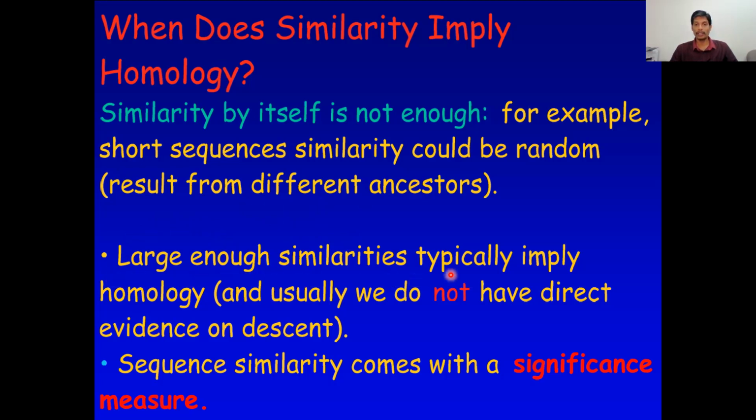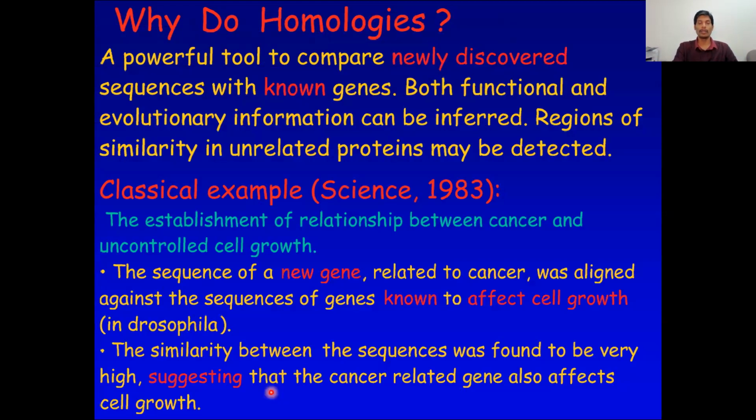Large enough similarities typically imply homology. If you take larger ones, definitely it may not be that the sequence is randomly present in two different organisms or species. Mostly it is coming from the common ancestor. Sequence similarity comes with a significance measure. So why do homology? It is a powerful tool to compare a newly discovered sequence with known genes.